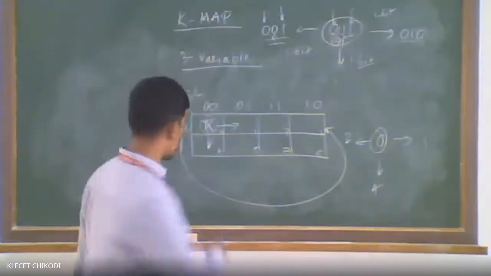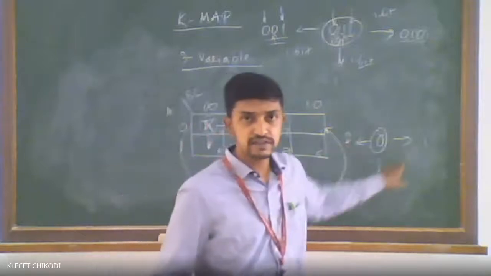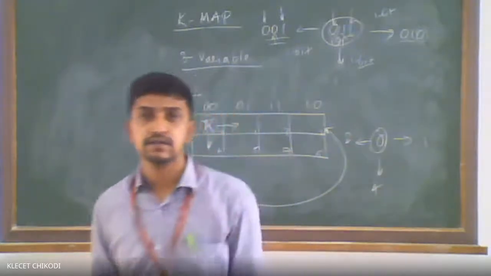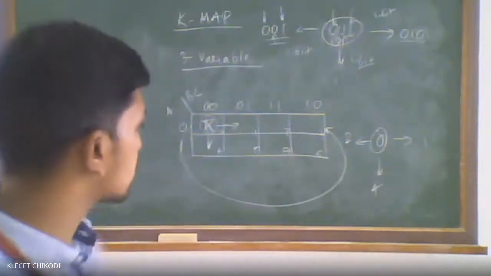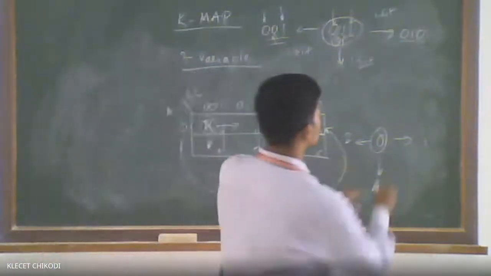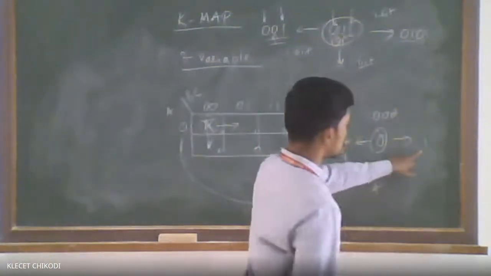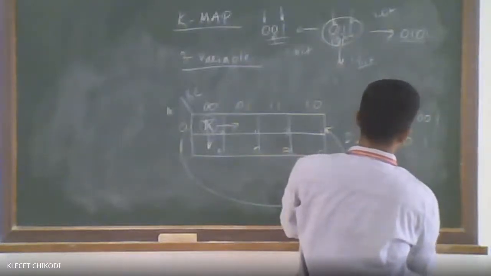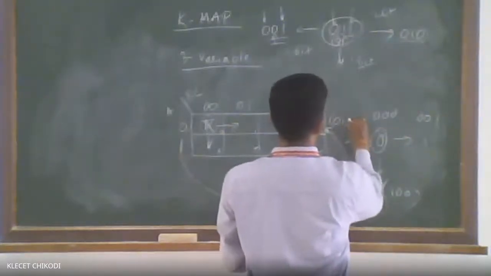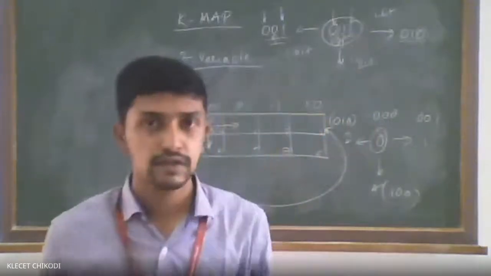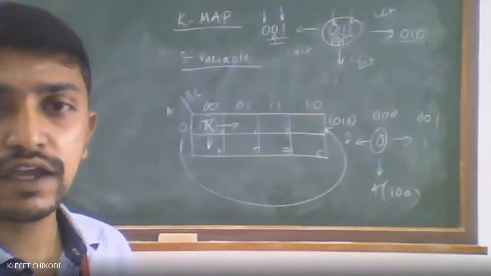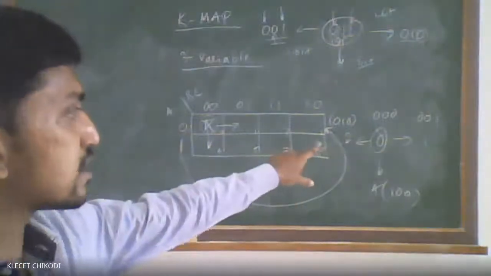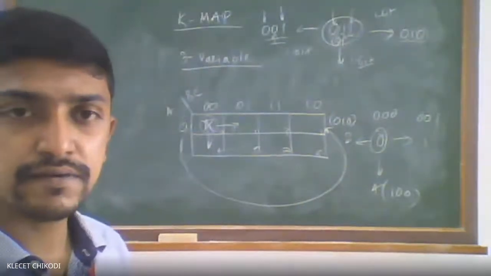Now write the binary numbers for each cell here. Then you can get that. It will be 0, 0, 0. This will be 0, 0, 1. It will be 1, 0, 0. And it will be 0, 1, 0. Can you check that all the cells differ by only one bit there?